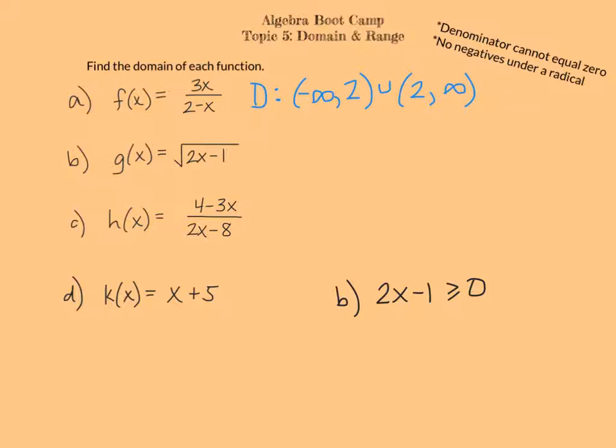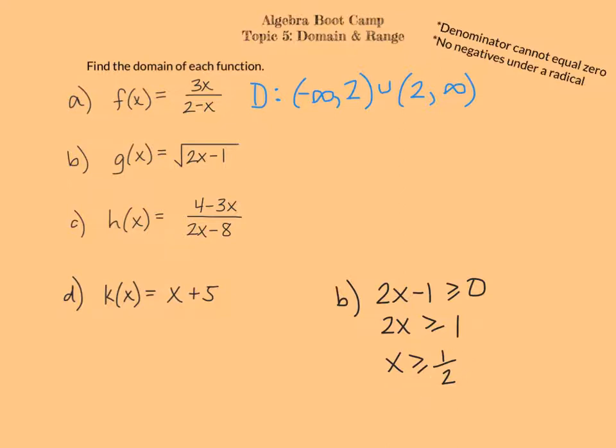All right, solving this, we'll add 1 to both sides, and then we'll divide by 2. Remember, solving an inequality is just like solving an equation, except if you divide or multiply both sides by a negative, you have to flip the sign. We did not have to do that in this case. So we need to force x to be greater than or equal to 1/2.